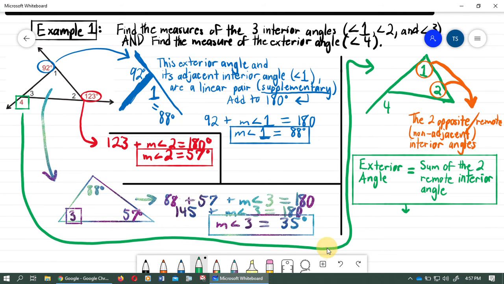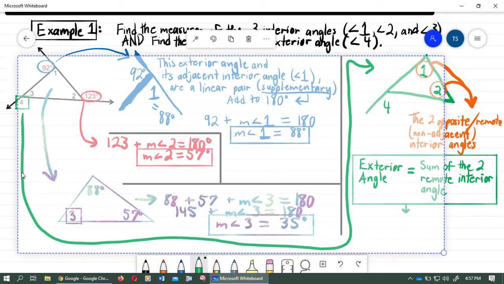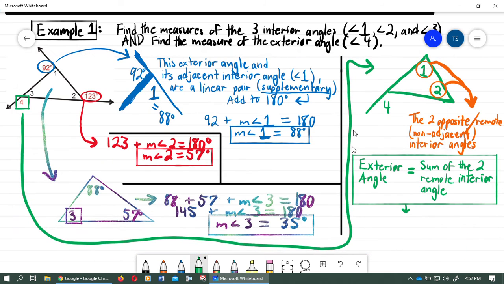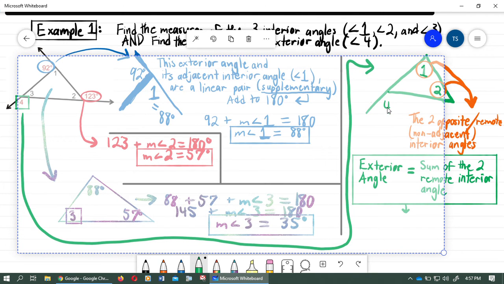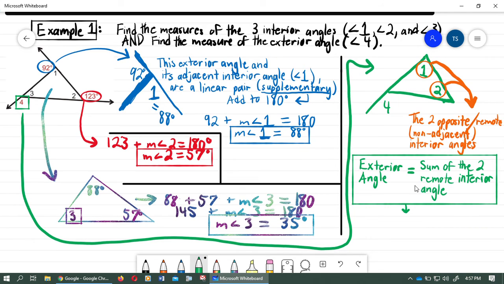If you follow along with that really long green arrow coming all the way over to the right side, and we look at angle 4 and those 2 remote interior angles, the non-adjacent interior angles farthest away from this exterior angle, the exterior angle is supposed to be equal to the sum of those two remote interior angles.